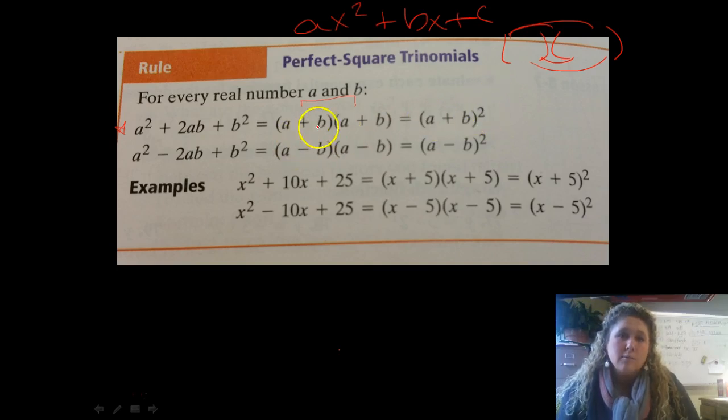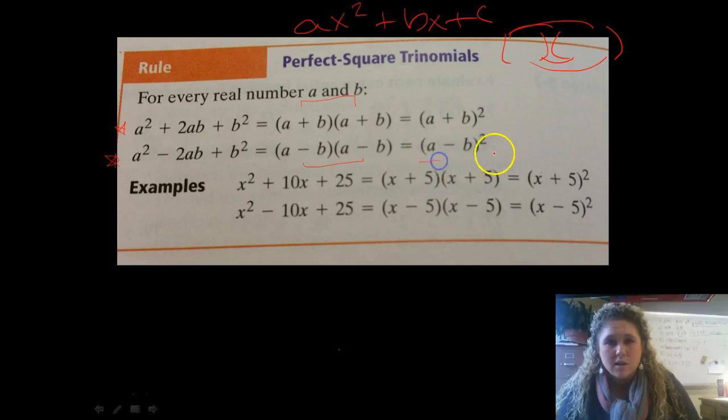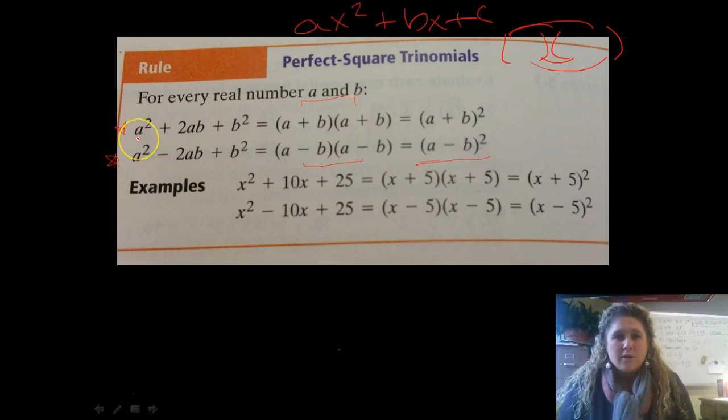Just put in this squared because there's two of them. We also know that when I have a squared minus 2ab plus b squared, it is the same as these two factors, which is this. We're kind of reversing the order.